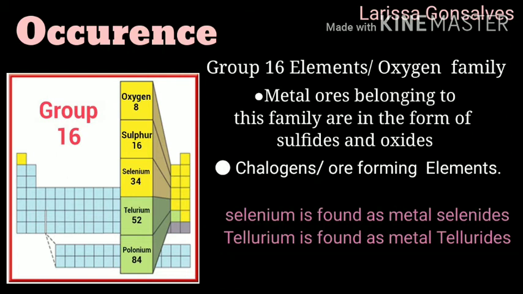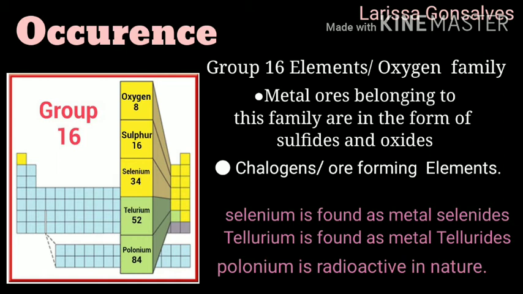Selenium and tellurium are also found as metal selenides and tellurides in sulfide ores. Polonium is radioactive in nature and it is the product of uranium and thorium.